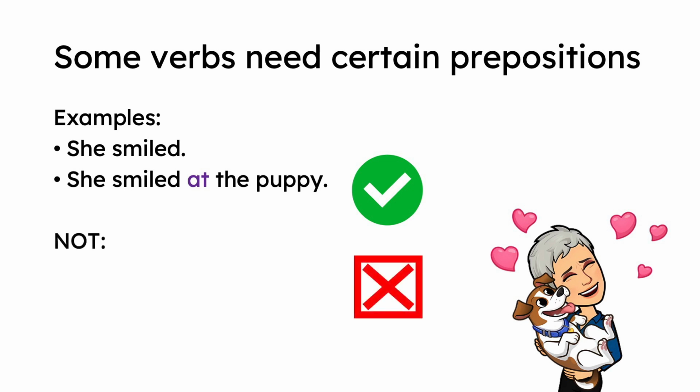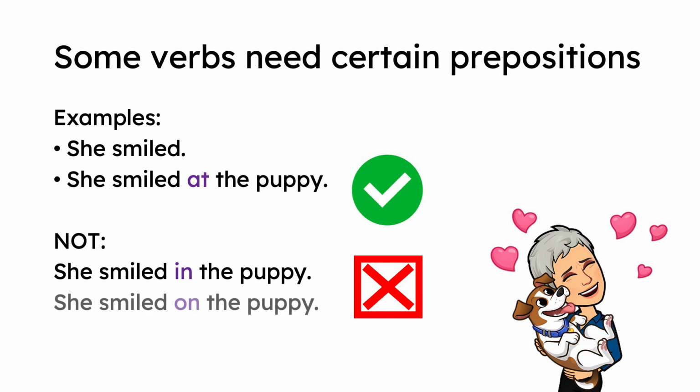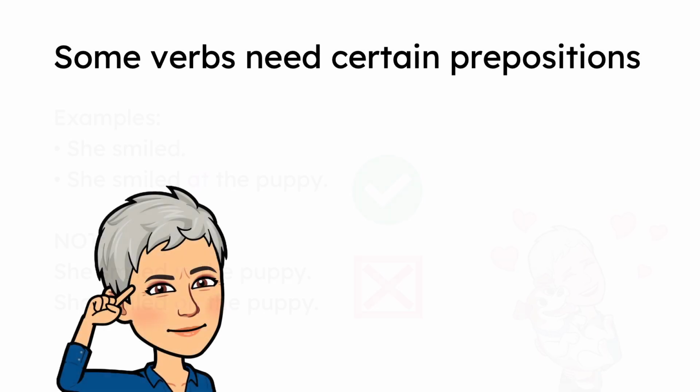But we do not say she smiled in the puppy or she smiled on the puppy. These are incorrect. One of the reasons why prepositions are tricky is that some of these rules you just have to learn. You cannot figure them out by the meaning of the preposition. Can you think of some other examples where verbs need certain prepositions to make sense?